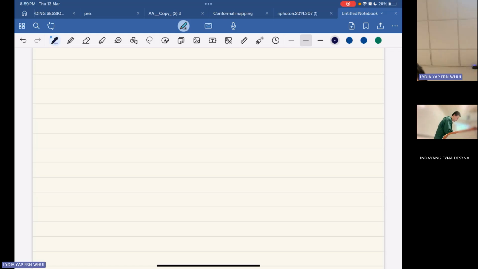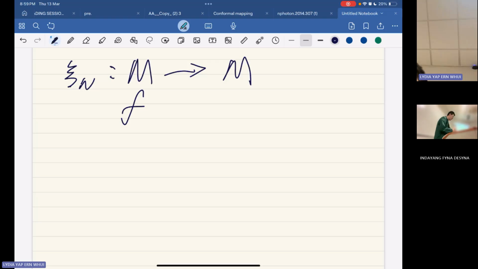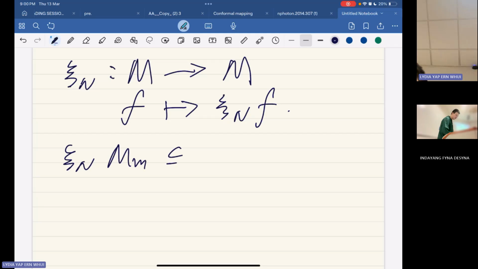This map, we call it Xi_n. Xi_n is just a variable we adjoined, and we consider this map as a map from M to M, where we send each f in M to f times Xi_n. Then we can see that Xi_n times M_m lives in M_(m+1), right? Because Xi_n lives in S_1.